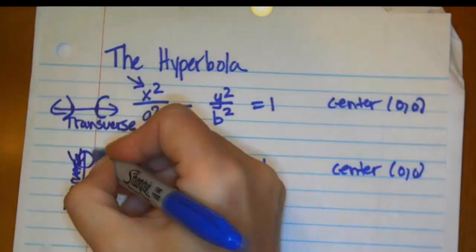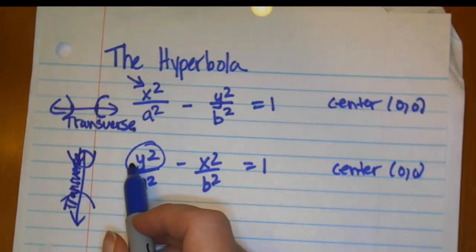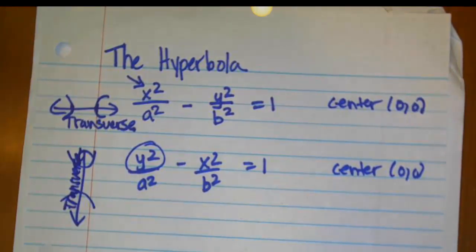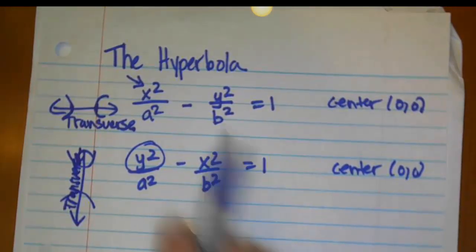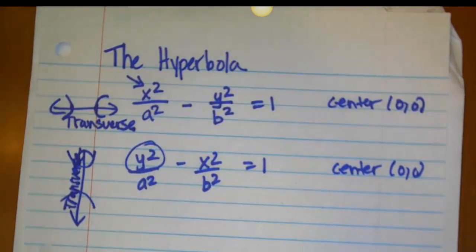So that means my hyperbola is going to open up or down. So this is the major difference between the hyperbola and the ellipse. With an ellipse, you are looking for the bigger number in the denominator to determine where your major axis is. In a hyperbola, the transverse axis is always related to the variable that comes first.